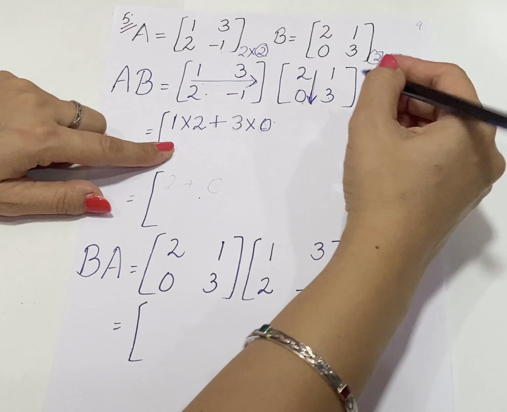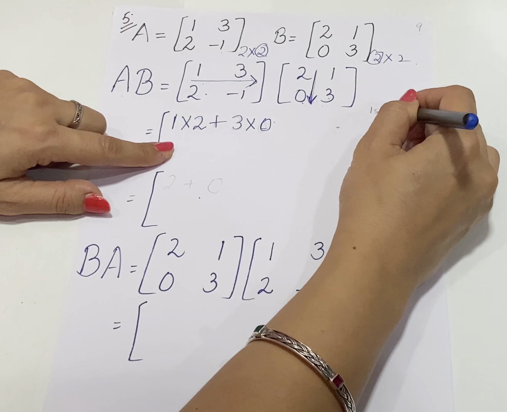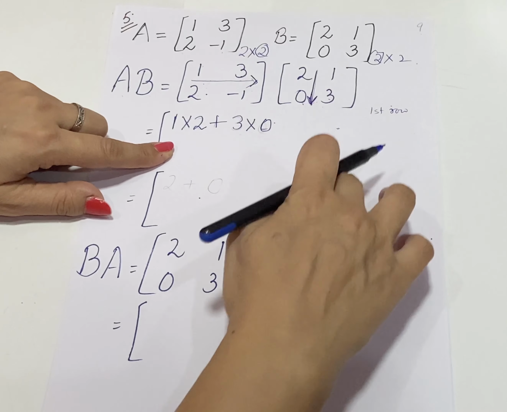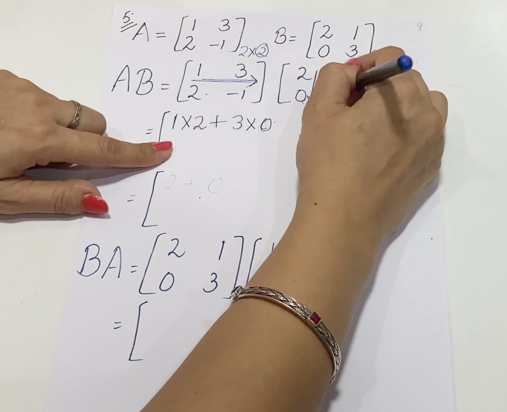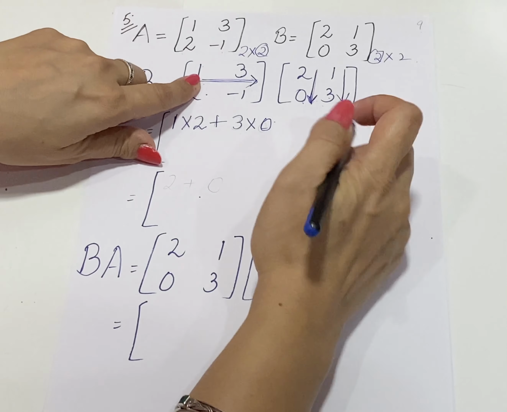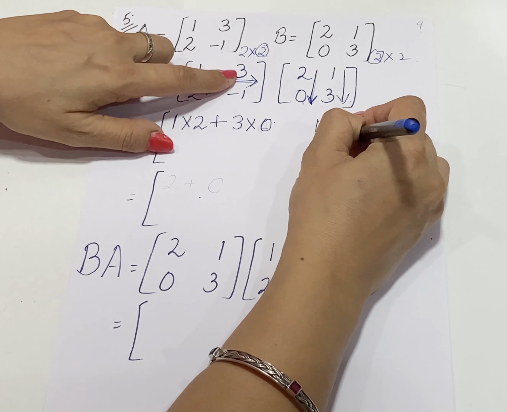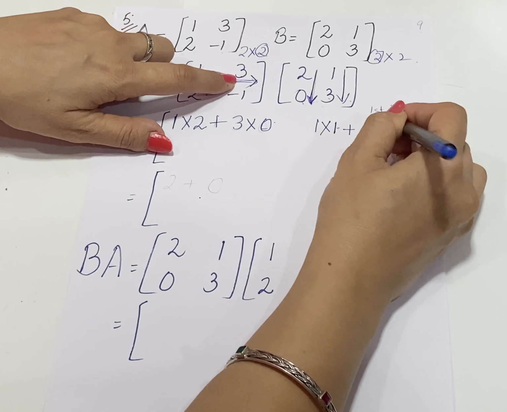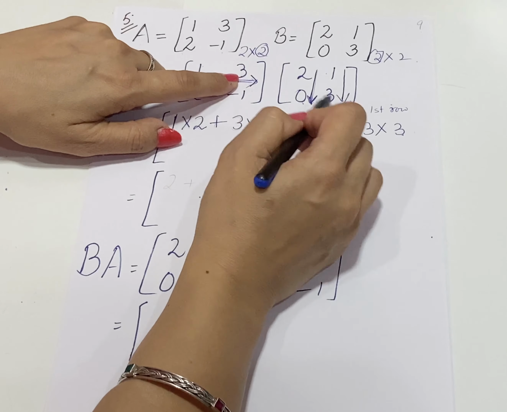See next one. This is the position first row, second column. So we are going to take the first row and second column and their corresponding elements will be multiplied. So you will have 1 into 1 plus 3 into 3.